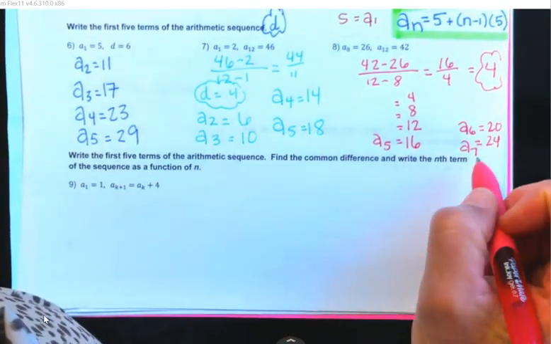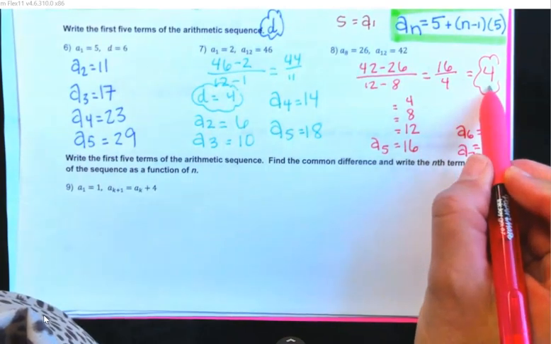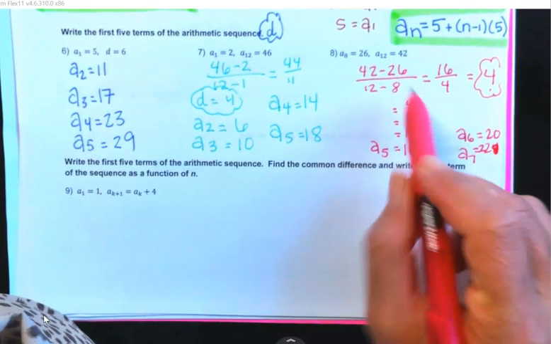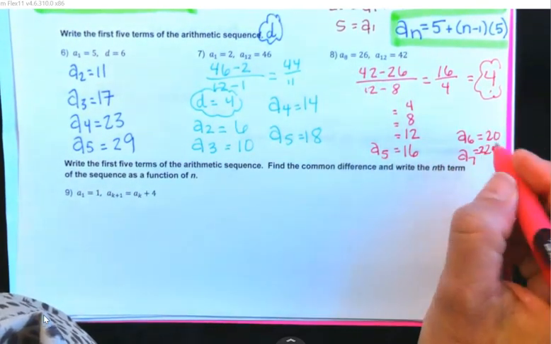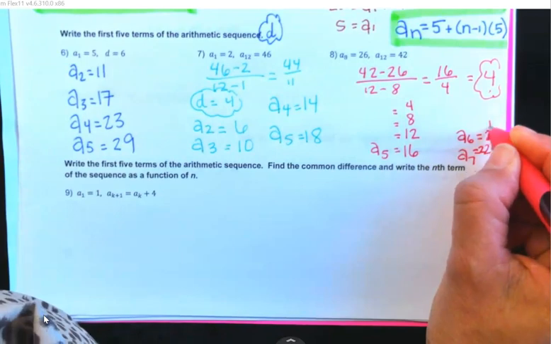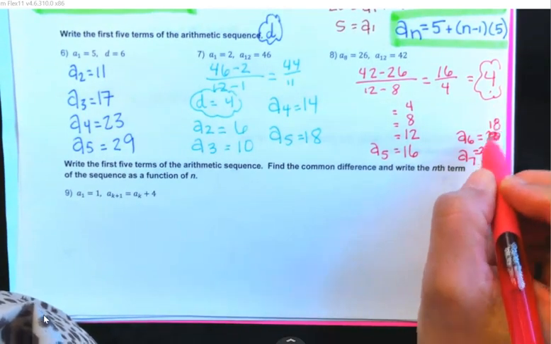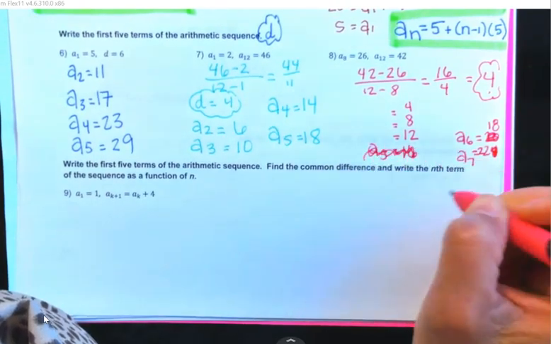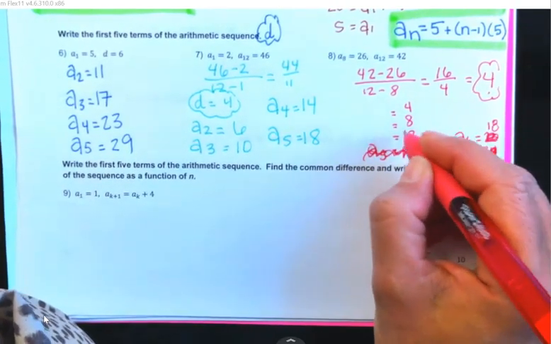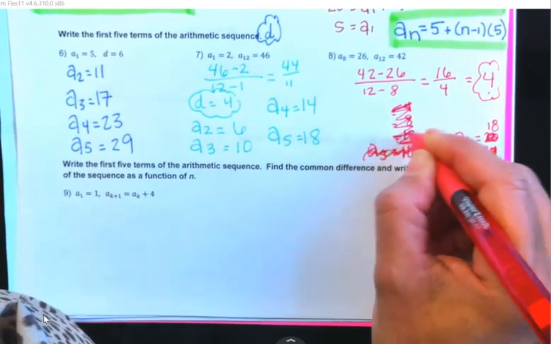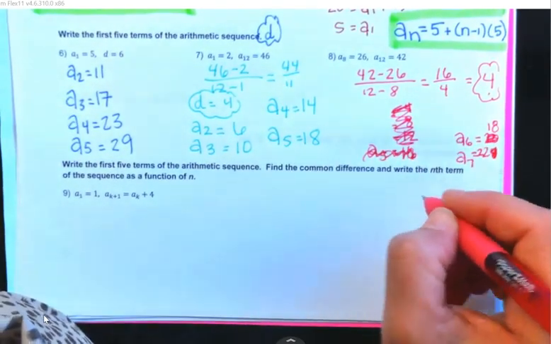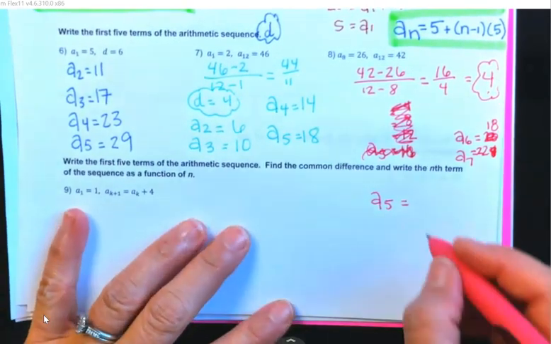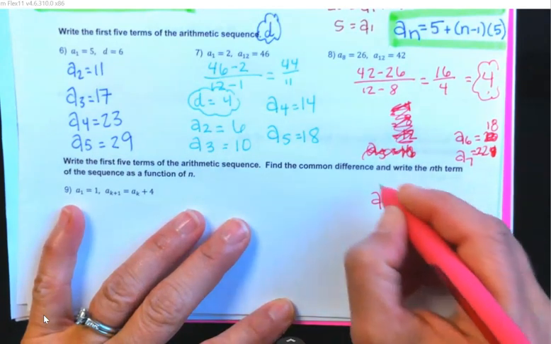I can't subtract right. What's 26 minus 4? 22. Sorry, guys. So 22 minus 4 is 18. 18 minus 4 is 14. Oh, I'm so sad. All right. So a sub 5 is going to be 14.